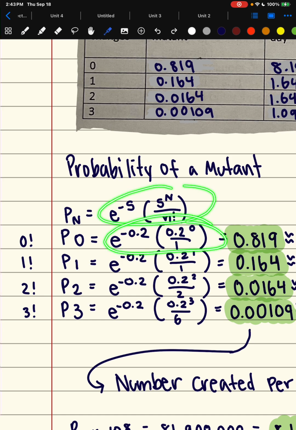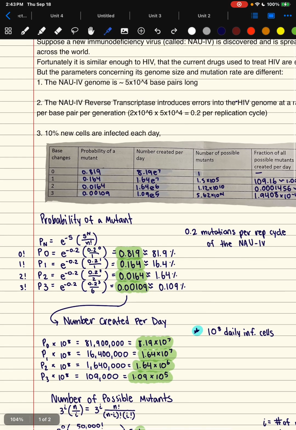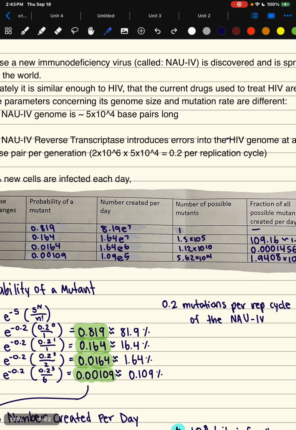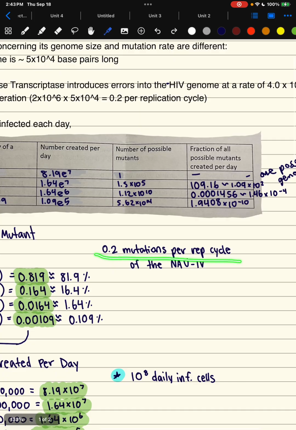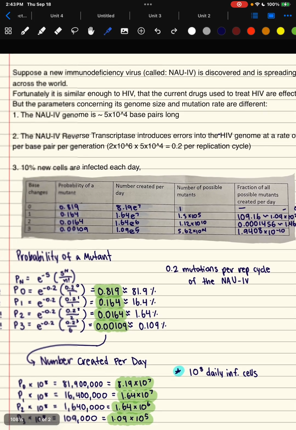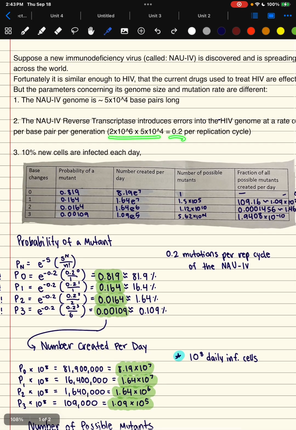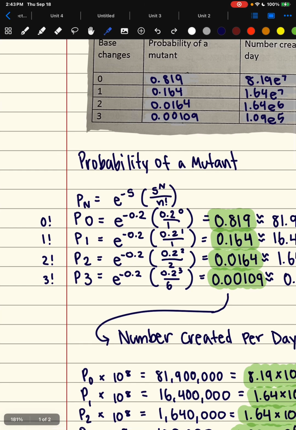0.2 is the mutations per replication cycle, which was given, but also with the numbers that were given we would have multiplied. We just didn't because it was already given to us. We use that here. There's just a lot going on.